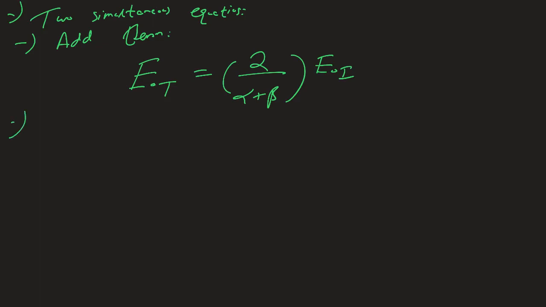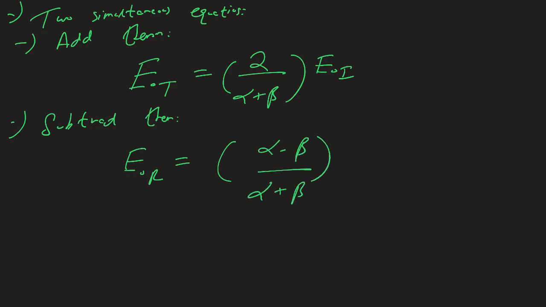And if you subtract them, then what you find is that E naught reflected becomes equal to alpha minus beta over alpha plus beta times E naught incident. So these are two extremely important equations.